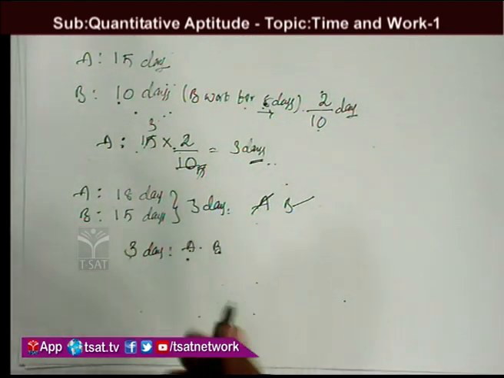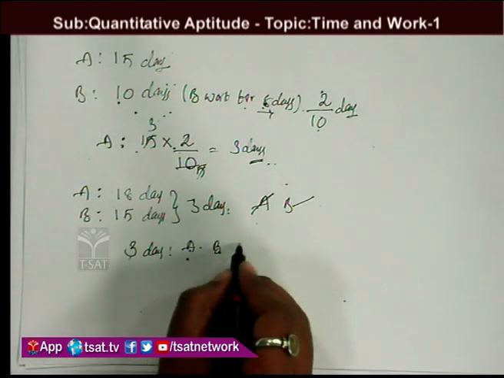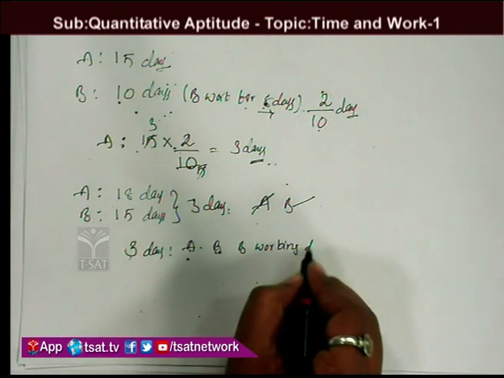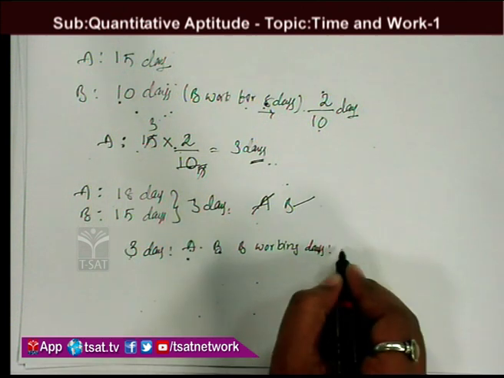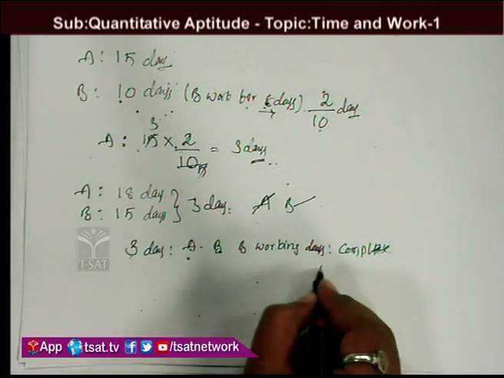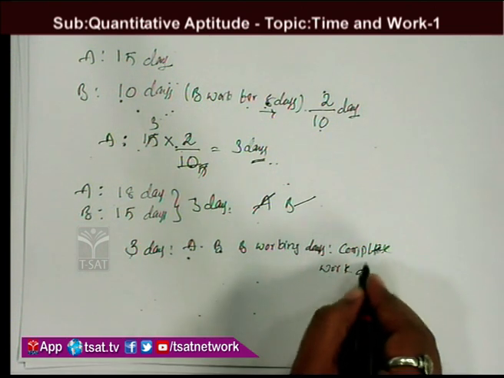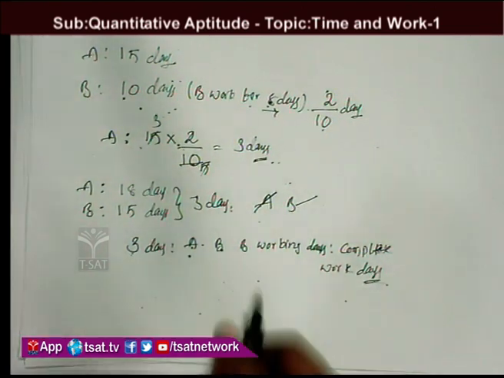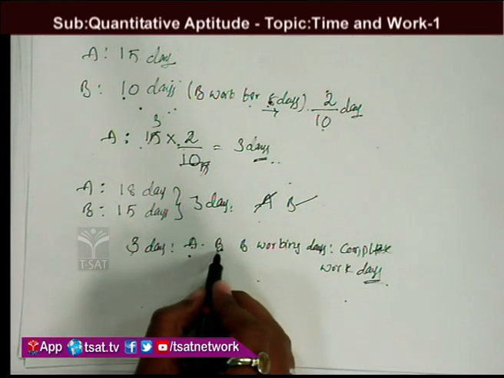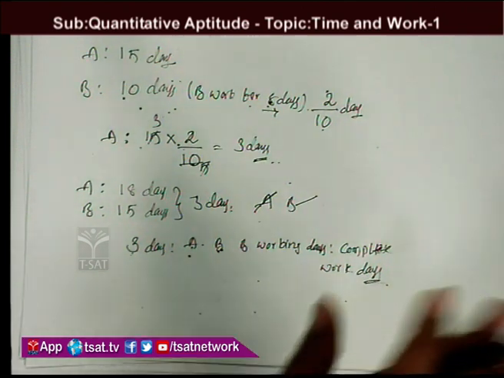How many days is B working? B's working days is nothing but the complete work days. So, how many days is B working for the whole work? That is our answer simply.